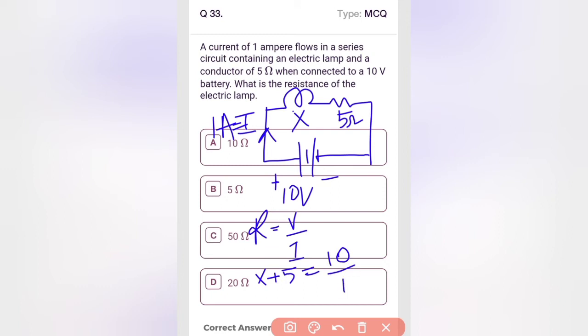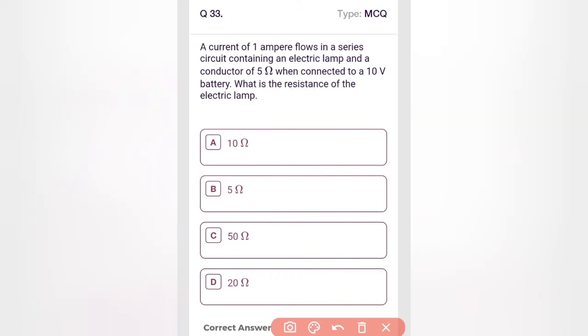So X plus 5 is equal to 10, where X is equal to 10 minus 5, which is 5. So 5 ohm will be the unknown resistance. That means the resistance of the electric lamp. Option B is the correct answer.